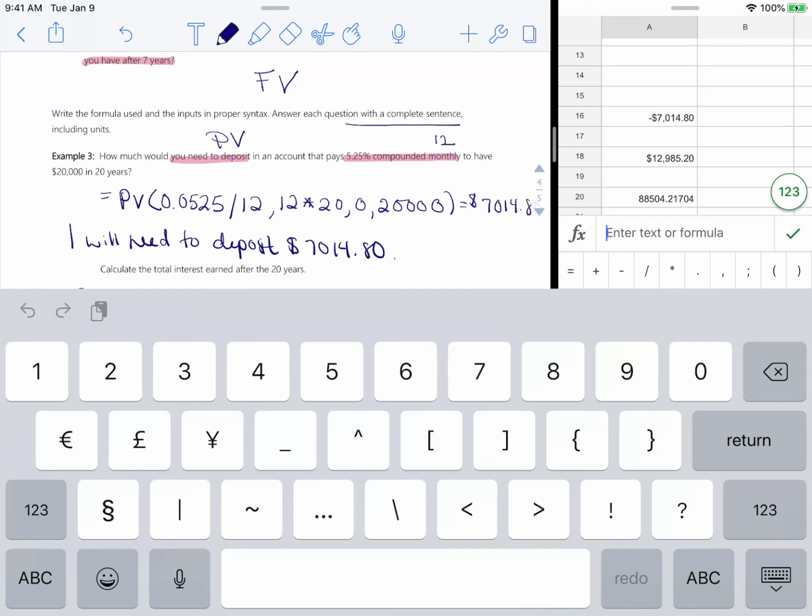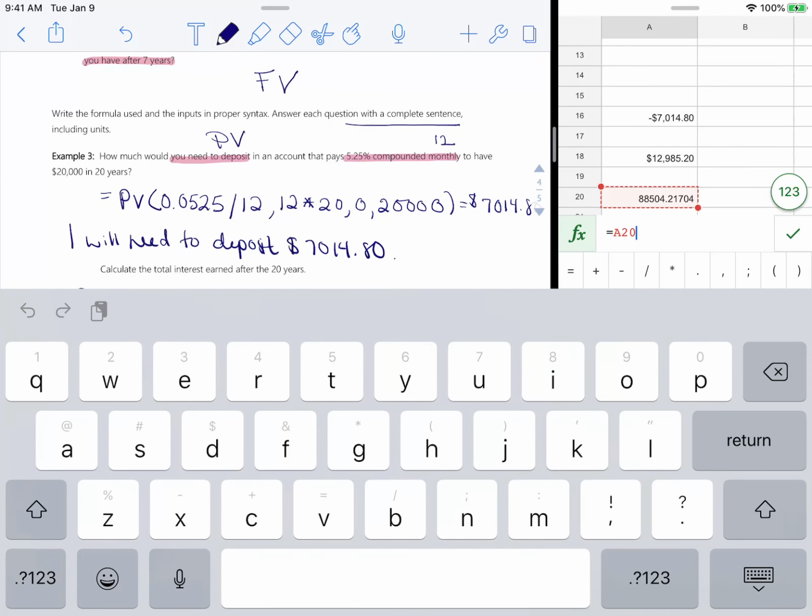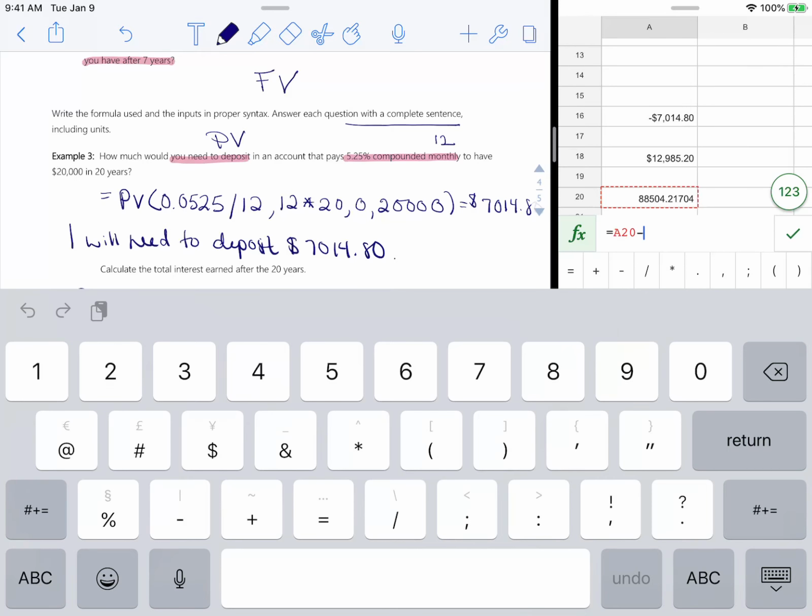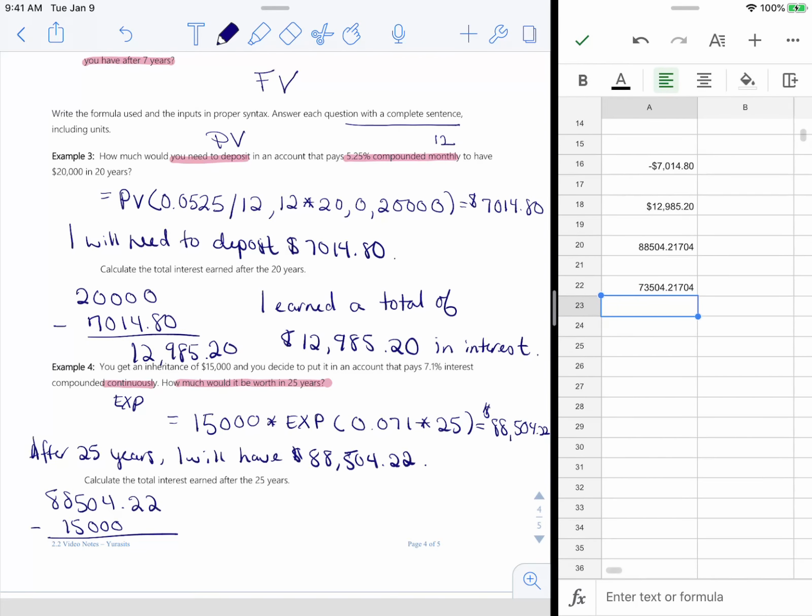So equals this value, take away 15,000. And that 15,000 is right. And it looks like we get $73,504.22.